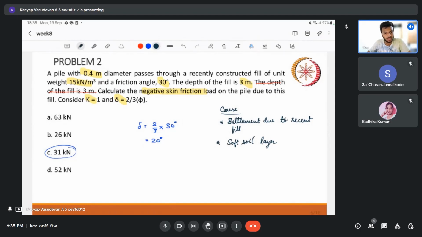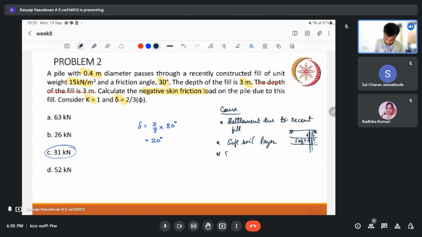So in that case that can also contribute. But if it is in between, so if this is soft, the problem is more, because whatever is on top of this layer will also contribute to this negative skin friction, because however strong the upper layer, it will settle with the soft soil. So we will have to take care of that also.